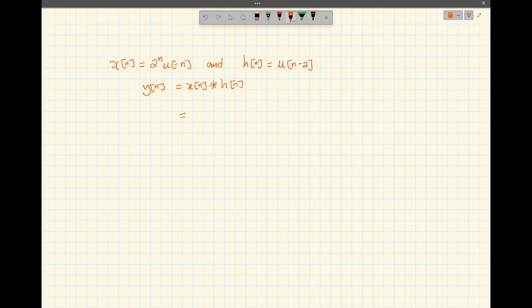So we could write the convolution sum as sum k from negative infinity to plus infinity x of k h of n minus k. So let's substitute x of k and h of n minus k here.